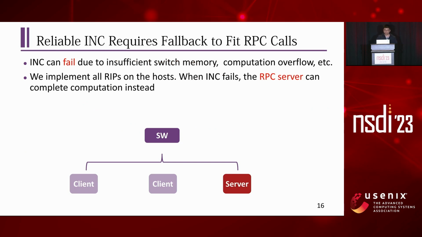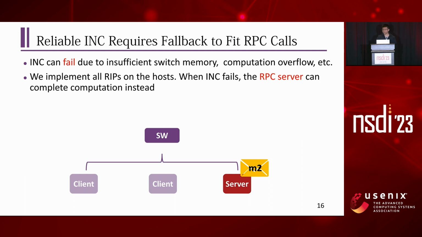And moreover, we need a fallback mechanism because INC can fail for some reasons like insufficient switch memory. In many cases, the switch can work as the server directly and reply to clients. However, if the INC fails on the switch, then the switch can migrate the data from itself to the server, and the server can complete computation instead.